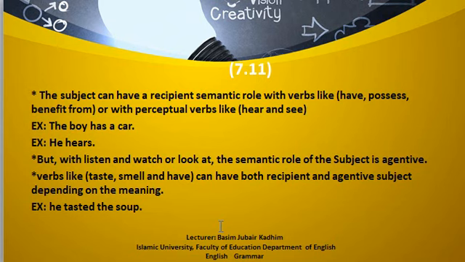Now here, the one who possesses the car is the boy, which is the subject, and the semantic role of the subject is the recipient. Or I hear you, or he hears.